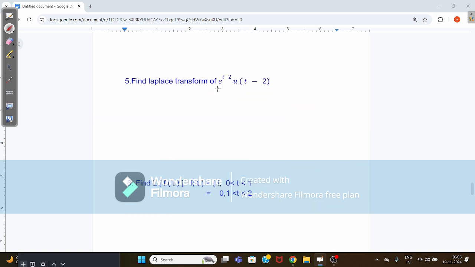Here also, this is by the second shifting theorem.